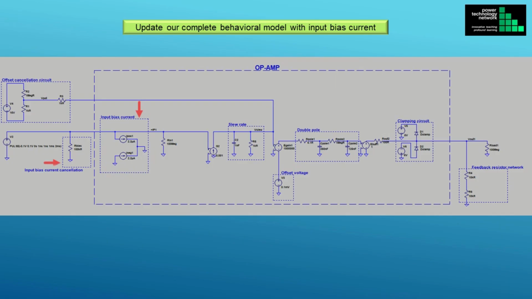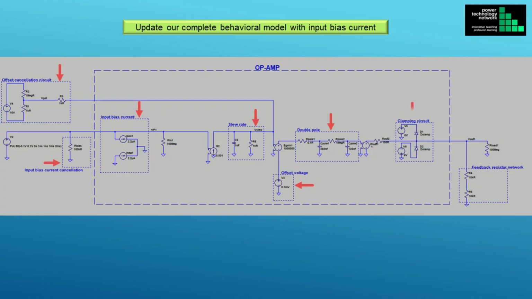The resistor to cancel the input bias current, shown here as our bias. The offset voltage. The resistor network to cancel the offset voltage, powered from the supply rails. The circuit model for the slew rate. The double pole RC circuit model for the finite bandwidth, which can be simplified to a single dominant pole.